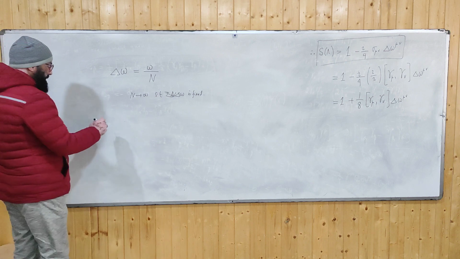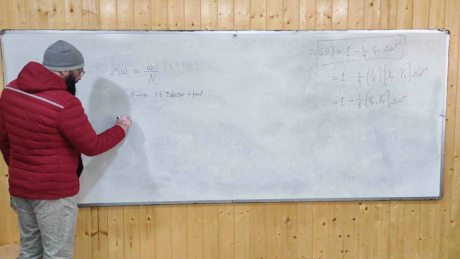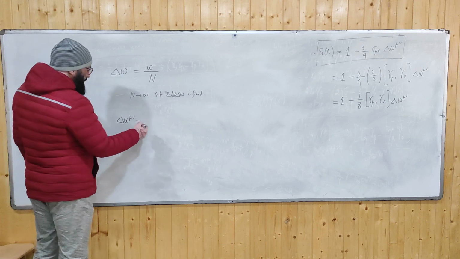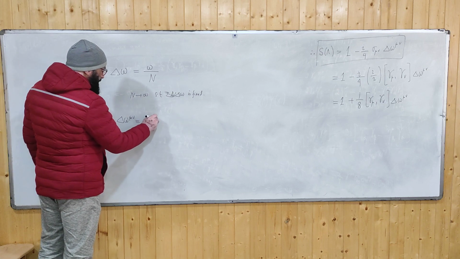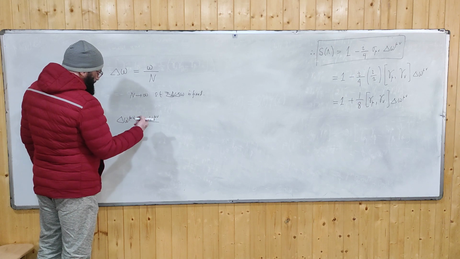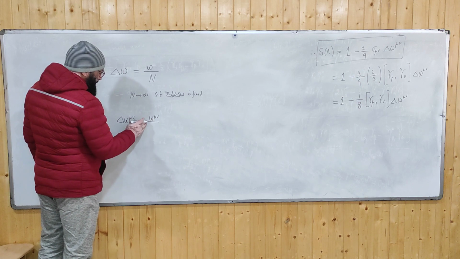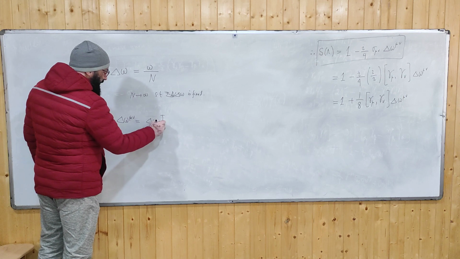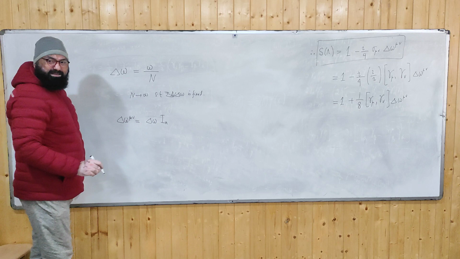What I will do, so I will write this delta omega mu nu this way. So I will write it as omega mu nu. Okay, so let me write it in this way. Delta omega some I, I is a matrix.